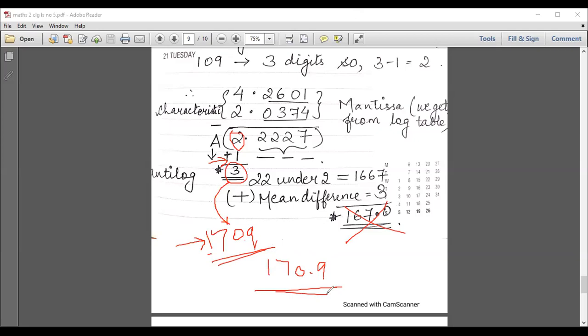Got it? So yes, I understand it's a little complicated when you hear it, but don't worry. In 2-3 more lectures, you will be very comfortable. Just remember, first thing, in simple terms, जितना भी digit है numerator में, उसमें से 1 subtract करो. जितना भी digits है denominator में से, उसमें से 1 subtract करो. So basically, you will get the characteristic part. ठीक है?